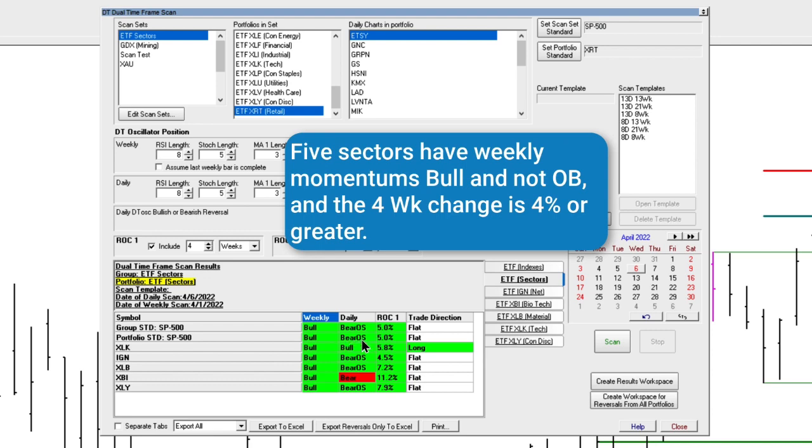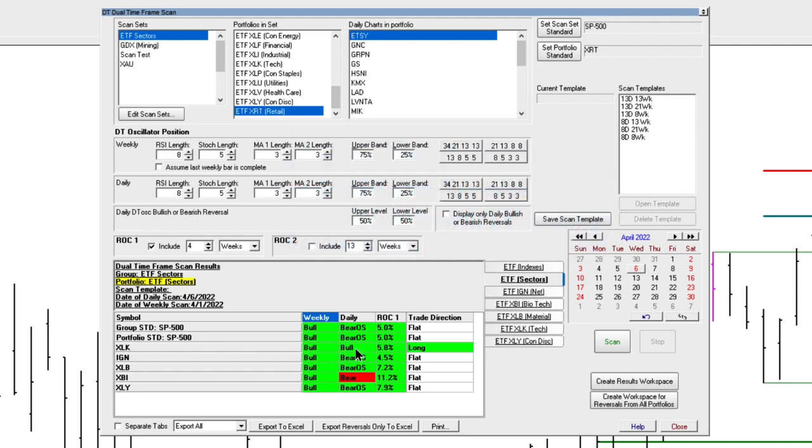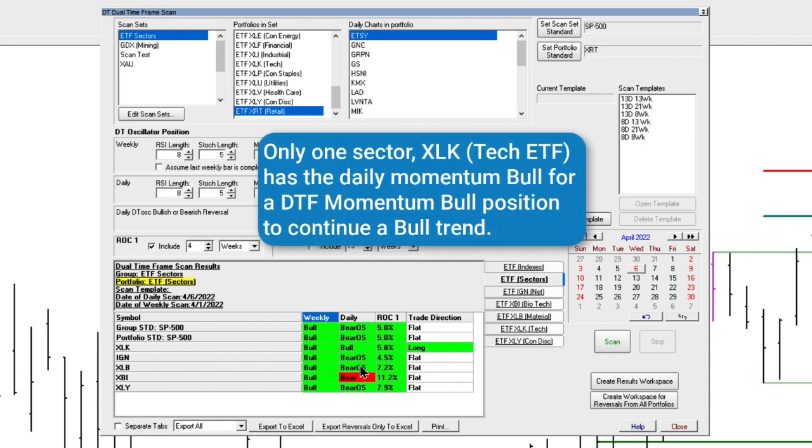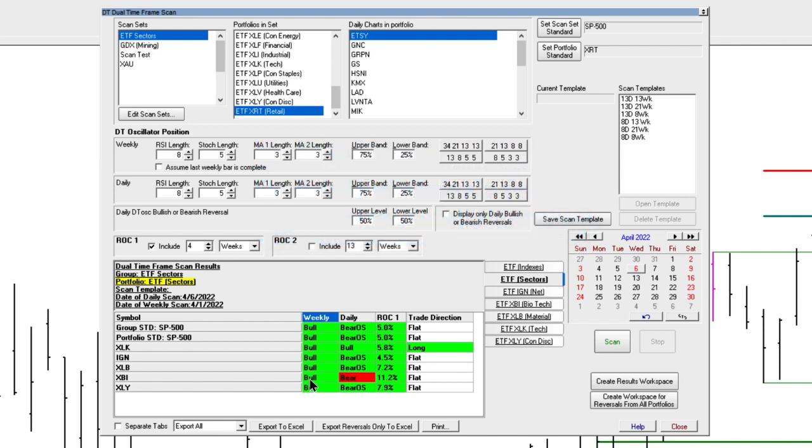However, only one of their daily momentums is already bullish, and that would be the XLK. Of the 12 or 14 different sectors, as of right now there are only 5 that have the weekly momentums bullish and have the 4-week rate of change within 1% or greater than what the S&P is.